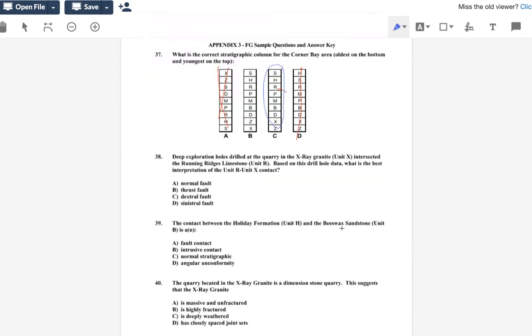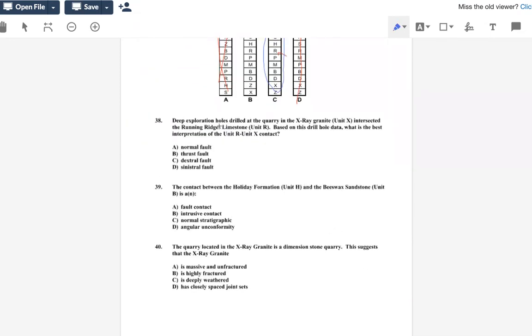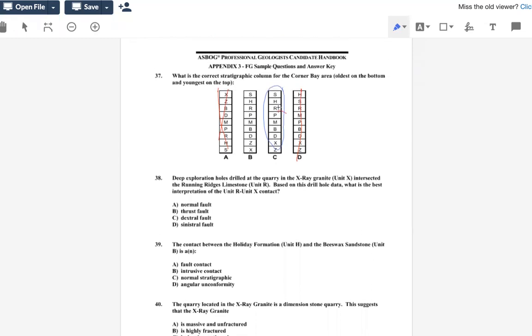Cool, that was fun. Deep exploration holes drilled at the quarry in the X-ray granite, which is X, intersected the Running Ridges limestone unit R. Based on this drill hole data, what is the best interpretation of this contact? So we had R and X. Okay, interesting. Normal fault.